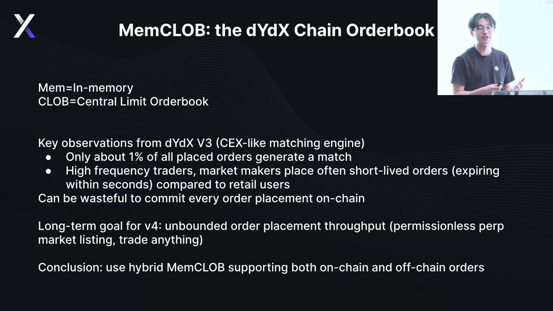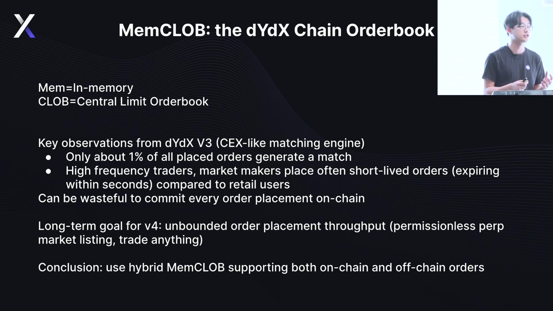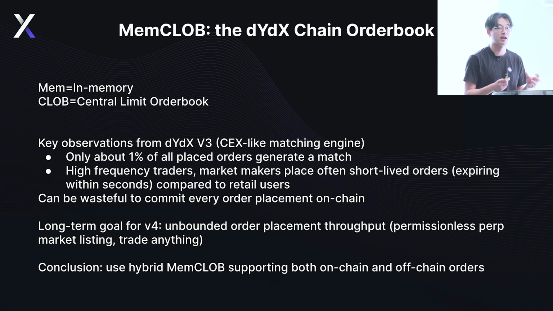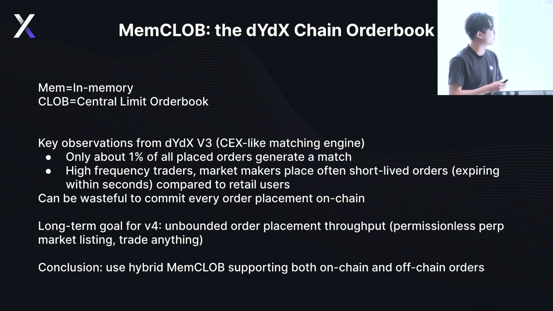Compared to that, retail users have a very different pattern, where you can place limit orders or triggerable orders that expire within the next week or a month or something, right? So very quickly, you start to realize that these are two different patterns of placing orders, which we'll try to optimize separately. And obviously, it's wasteful to commit every order placement on chain.